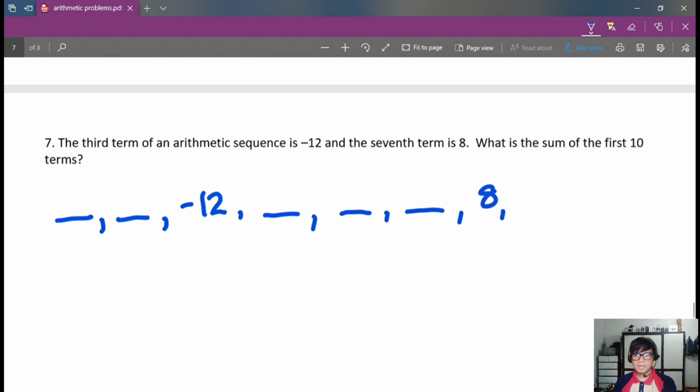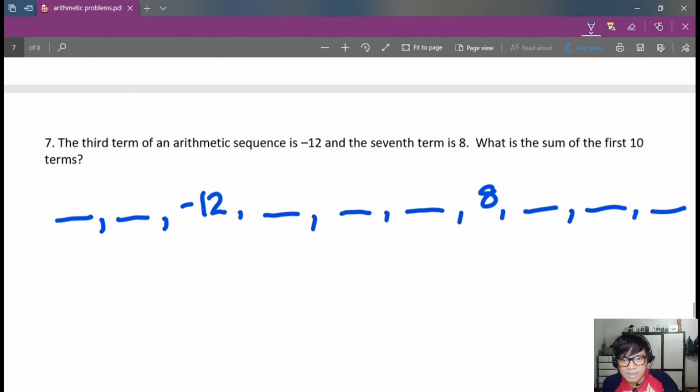Then, 9 term is also missing kasi hinahanap natin is what is the sum of the first 10 terms. So, hanggang pang 10 terms tayo. So, ito 7 term, 8 term, 9 term, and 10 term. So, yan yung magiging itsura ng ating problem.